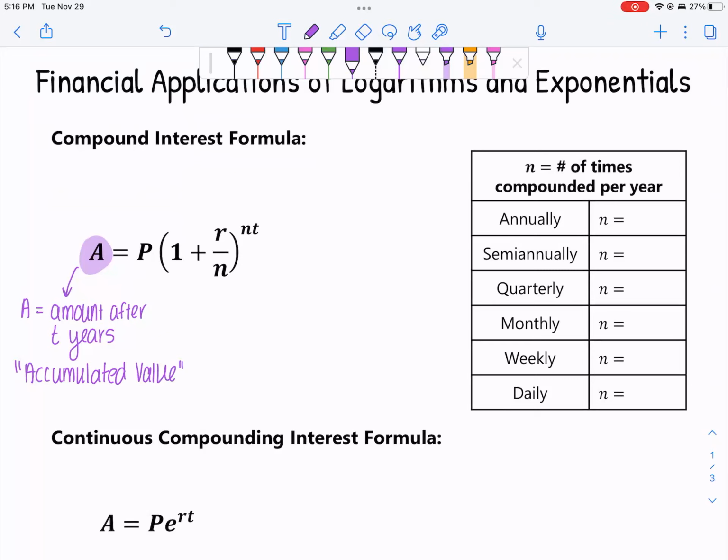So that's how much you'll have in your account that has a certain interest rate after a certain number of years.